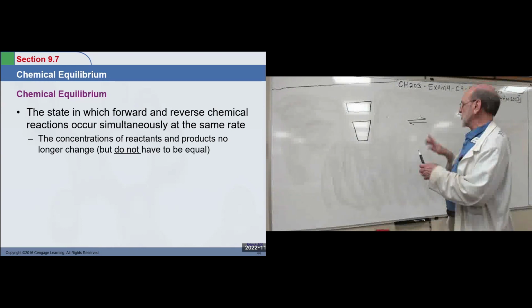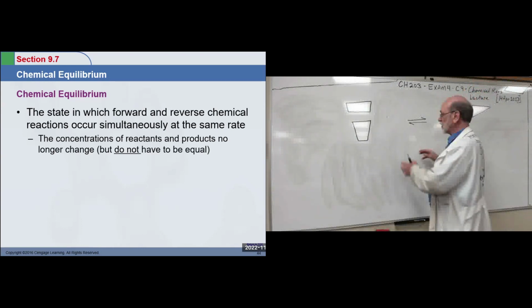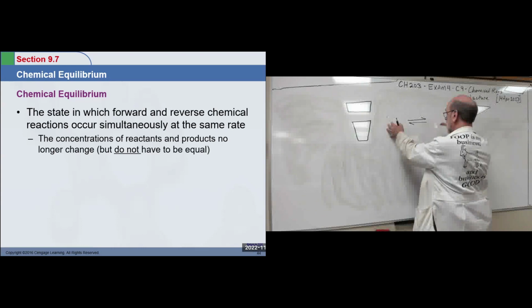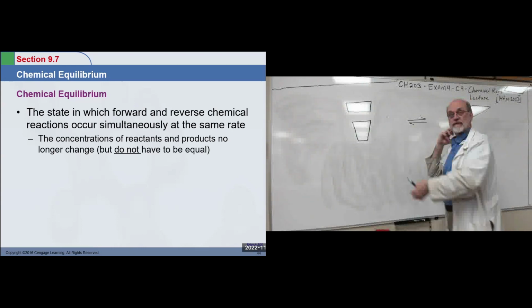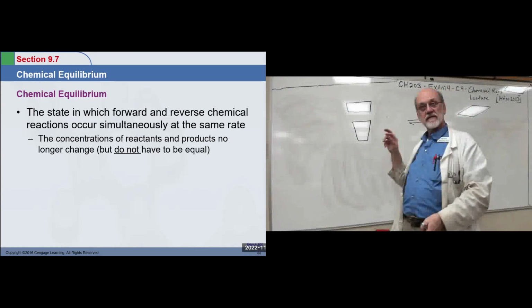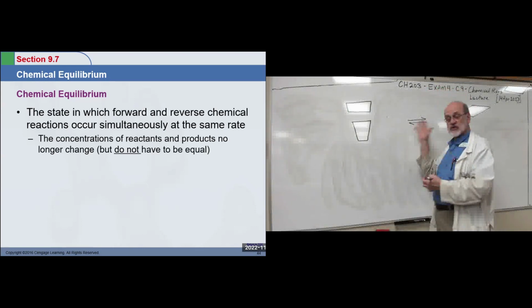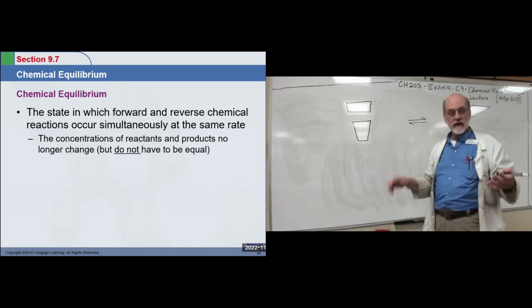We're looking for a balance point, because most reactions will have some reactants left over and some products produced, and then they can go backwards and forwards.